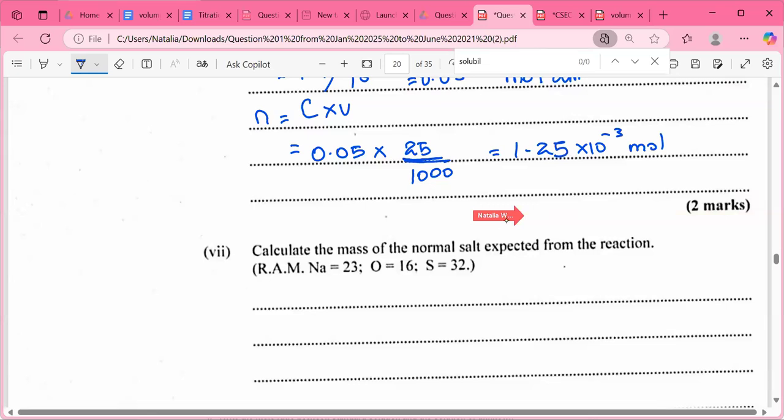Calculate the mass of normal salt expected from the reaction. This is not my standard titration question. What it wants me to find is not the concentration of the sodium hydroxide solution. What it wants me to find is the mass of the salt. So I will have to use the known and the unknown.